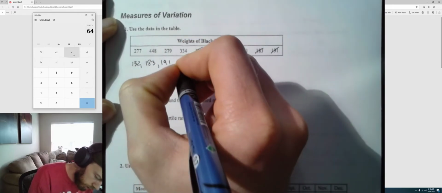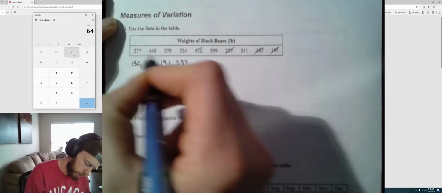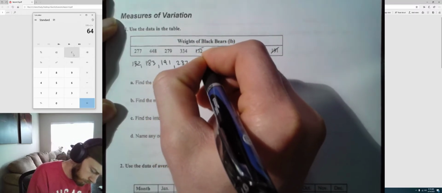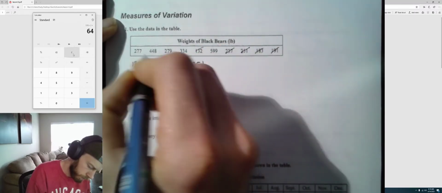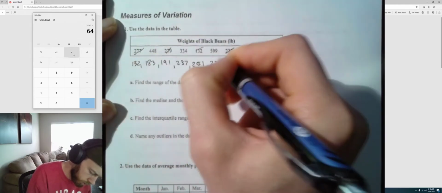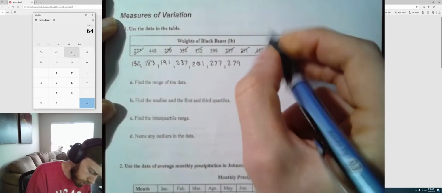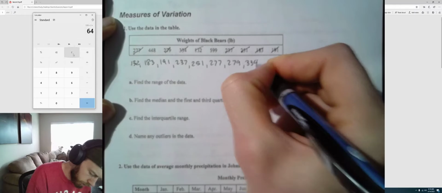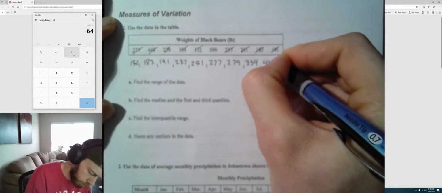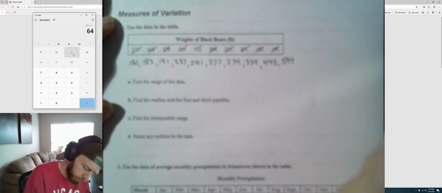Then my 237, and then my 251, and then my 277, 279, 334, 448, and 599.